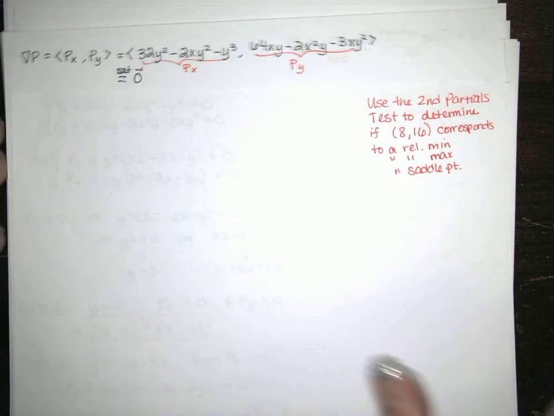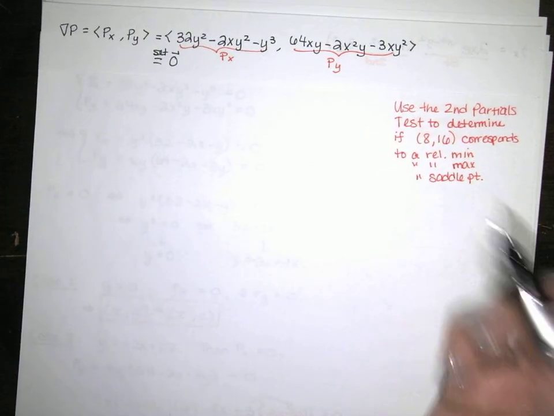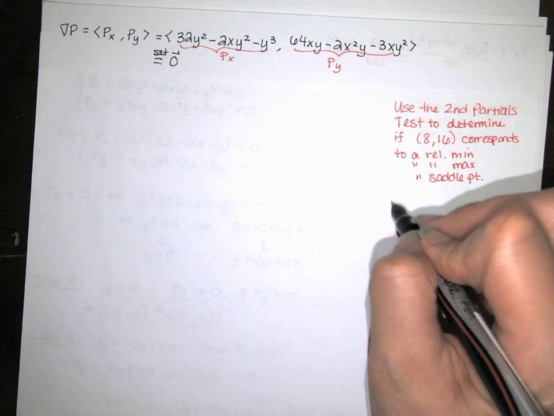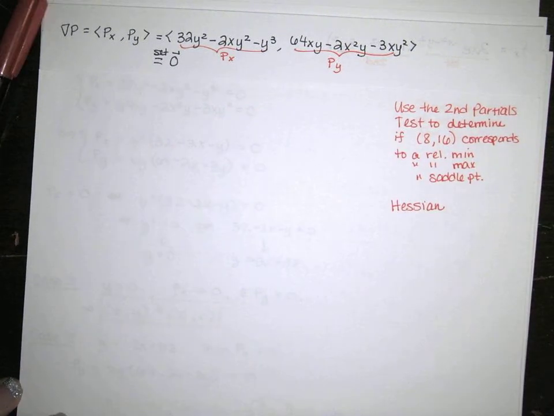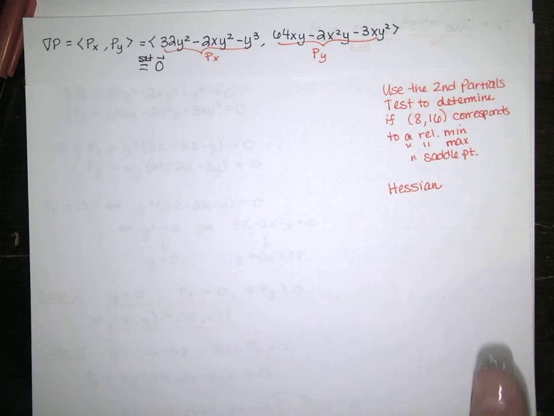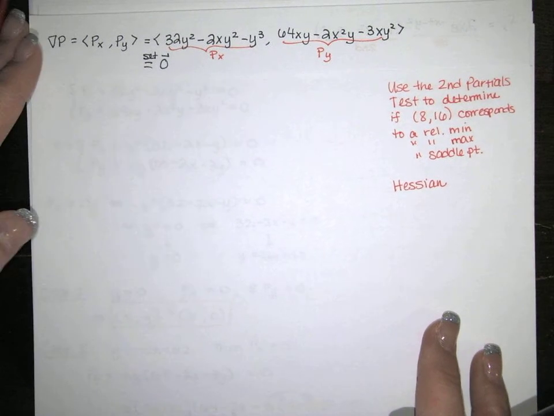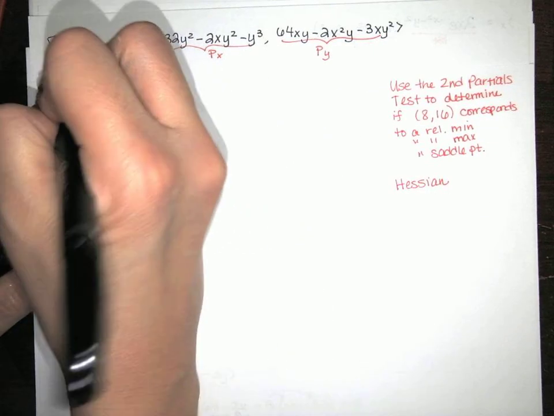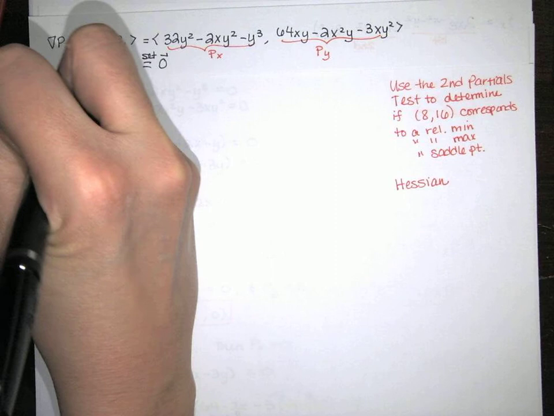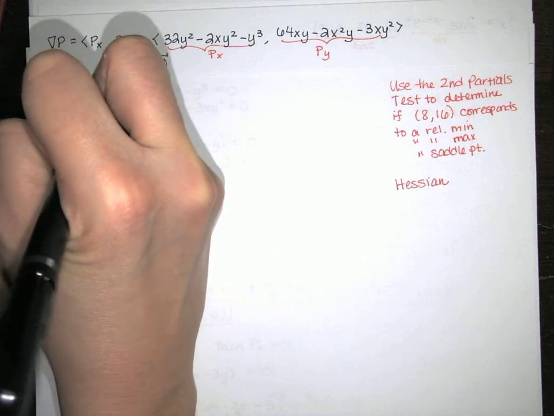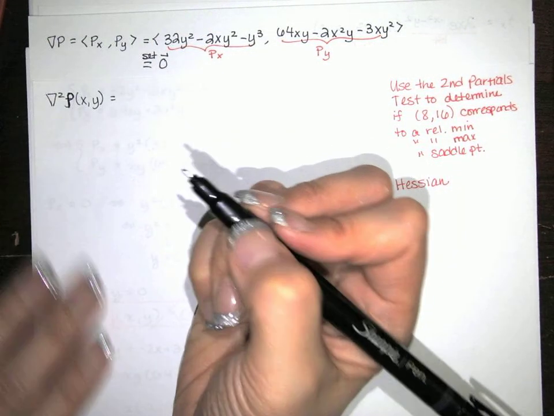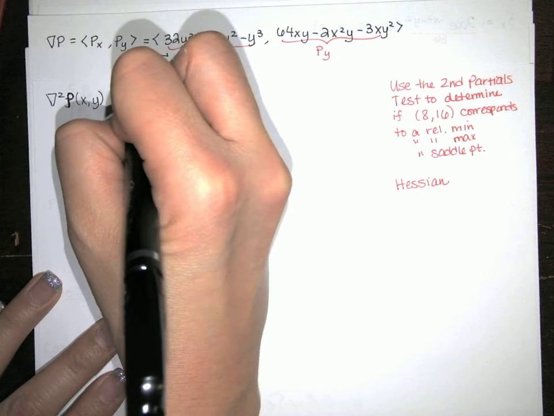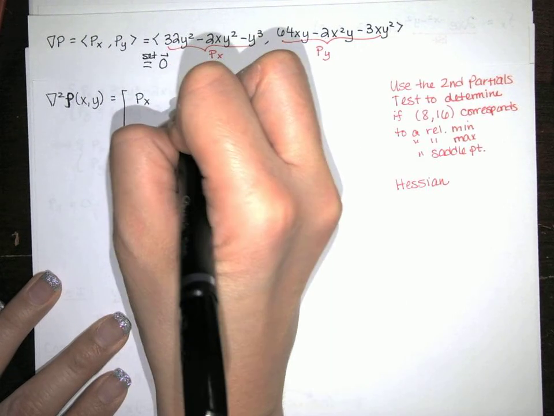So that's the plan. Now whenever we use the second partials test, the first thing we'll do is find the Hessian. And I've got my first partials right here. And this Hessian, remember, for a function of two variables, I guess it's a P, not an F, is the matrix of second partials.